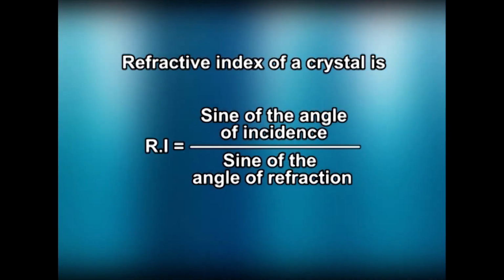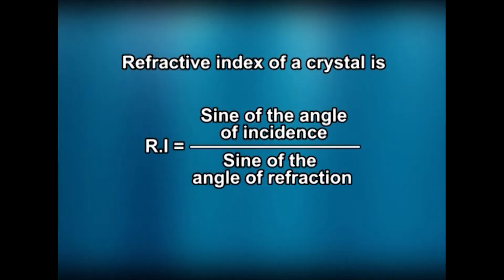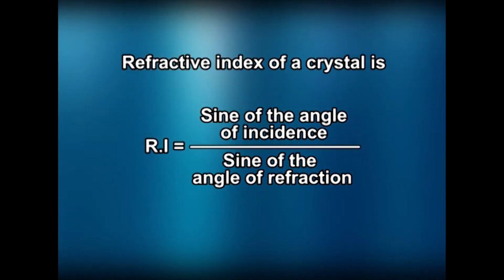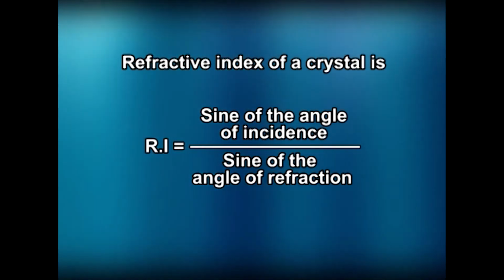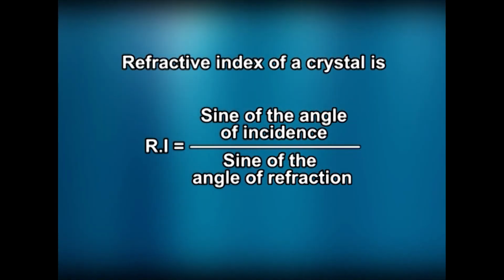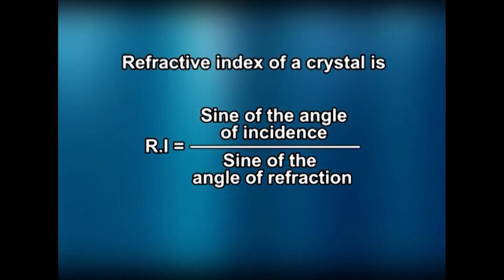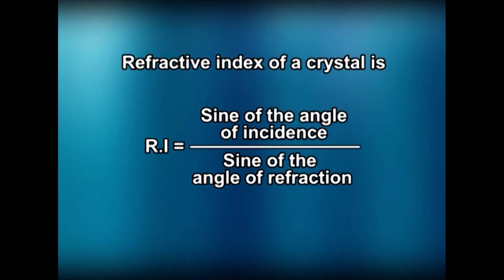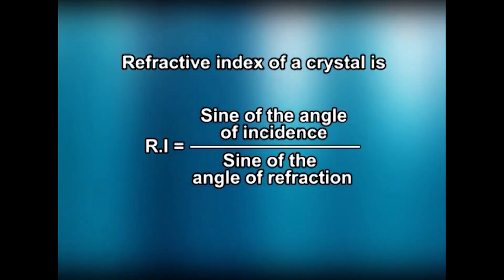Refractive index of a crystal is the sine of the angle of incidence divided by the sine of the angle of refraction. However, only glass and crystals in the isometric system are singly refractive, while all minerals belonging to the tetragonal, trigonal, hexagonal, orthorhombic, monoclinic and triclinic systems have two refractive indices.